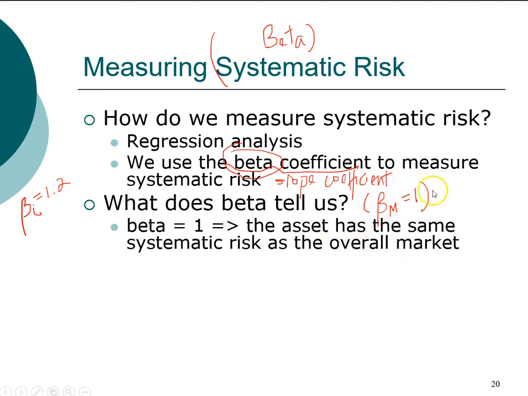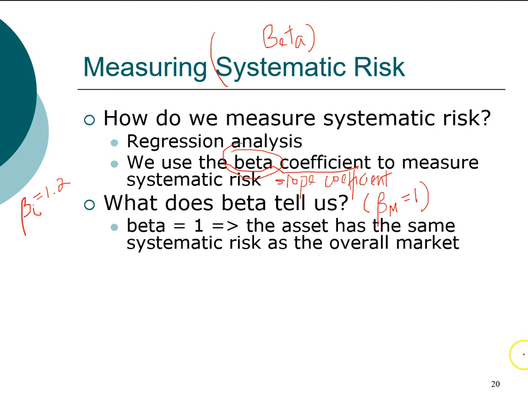So you think of that as a standardization. 1 is the same as the market. And we spent the past chapter learning about the history of the market. So we know that in general, the stock market has a return of about 12%, 12 to 12.5%, and a standard deviation of about 19 to 20% per year.